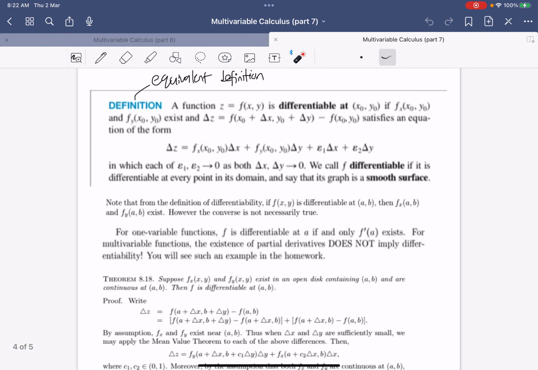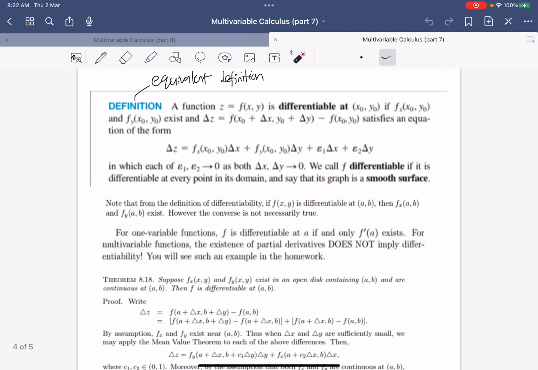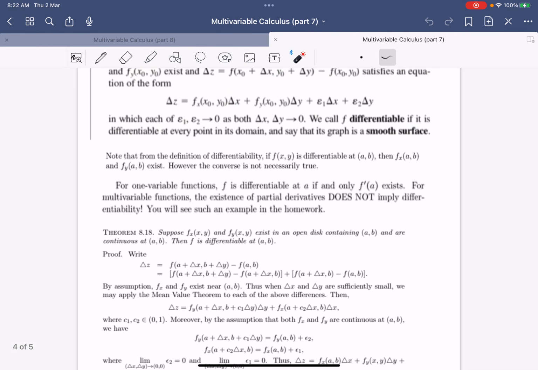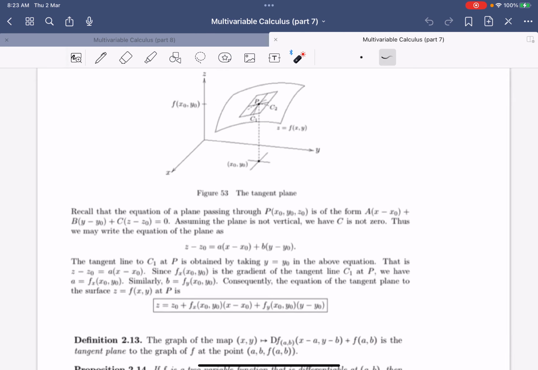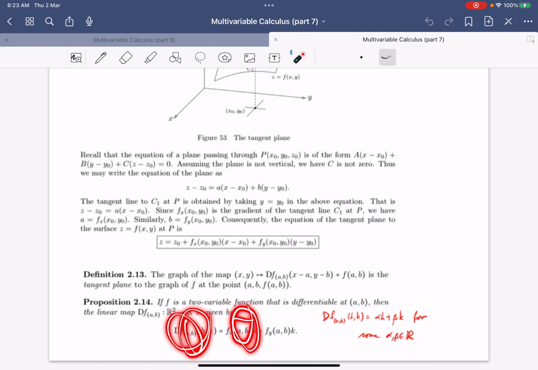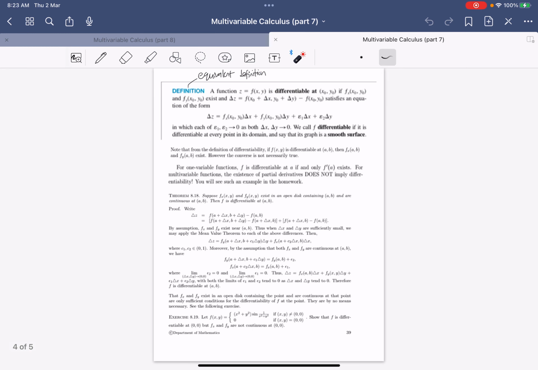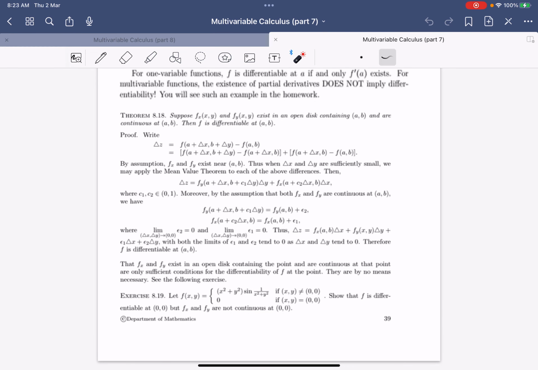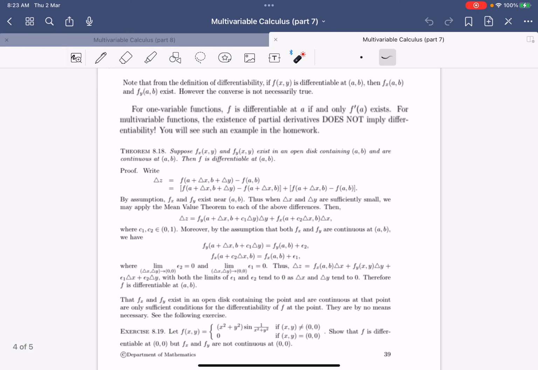And so you can find examples where, even though the partials exist, f might not be differentiable. Of course, if f is differentiable, you know that this linear map exists, and so the partials will also exist. But if the partials exist and are not continuous, then you are able to find functions that are not differentiable.